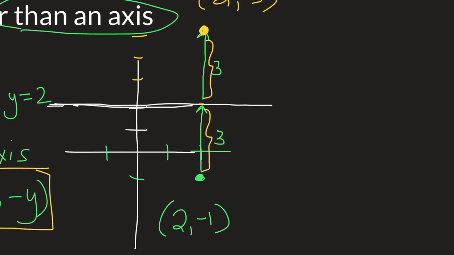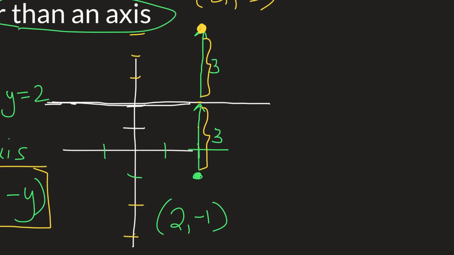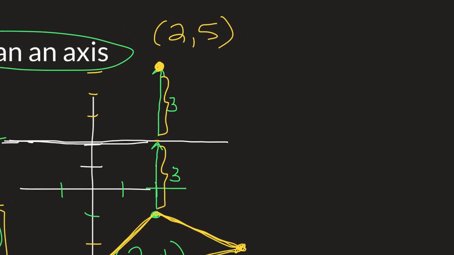Okay, now what if I wanted to write a rule so that I could translate maybe this random triangle here with one equation, right? What can I do to all of these points in order to calculate how the reflection is going to go? So I want to find and generate a rule.